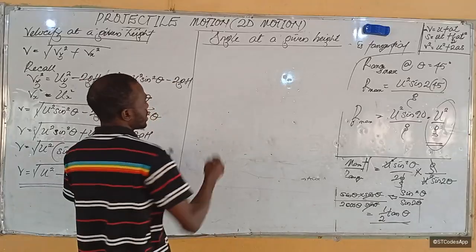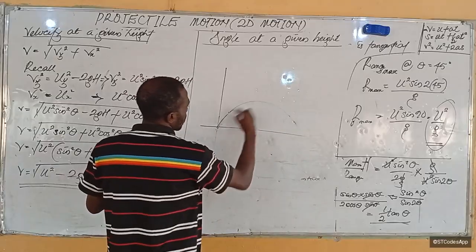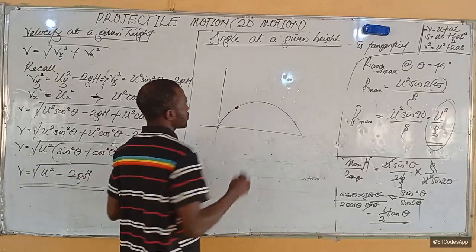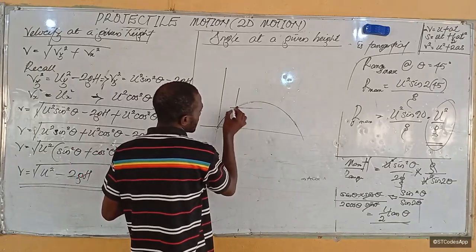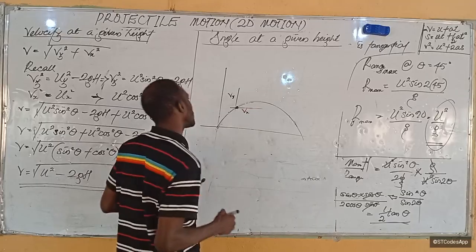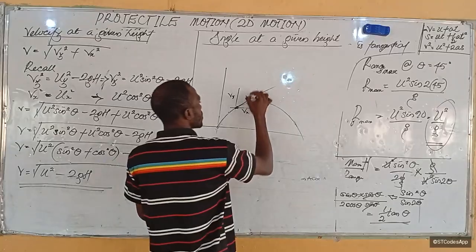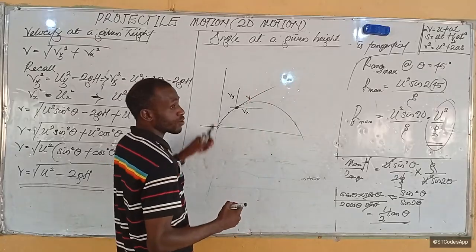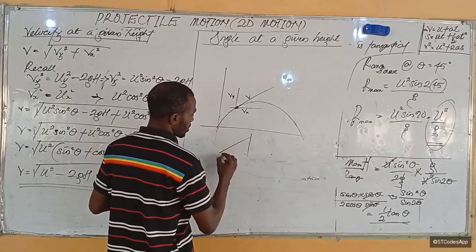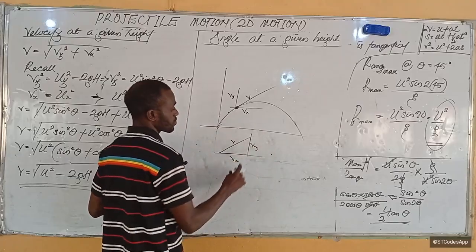Now, remember that if I have my projectile like this, I pick a height like this, for example. I know that at this height, I have V sub y and I have V sub x, right? And this is my direction of V. Now, what will be my angle? How do we find the angle of something like this? Our vector diagram, triangular, looks like this, V sub y, V sub x.